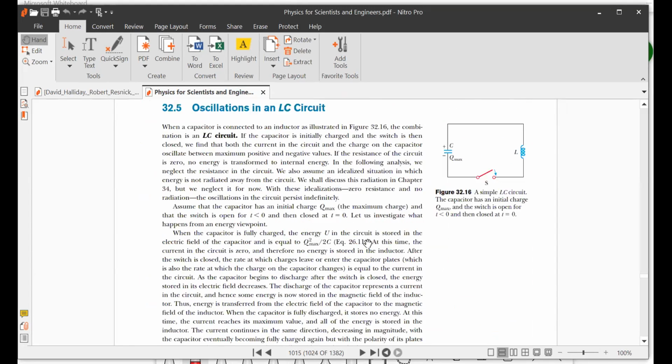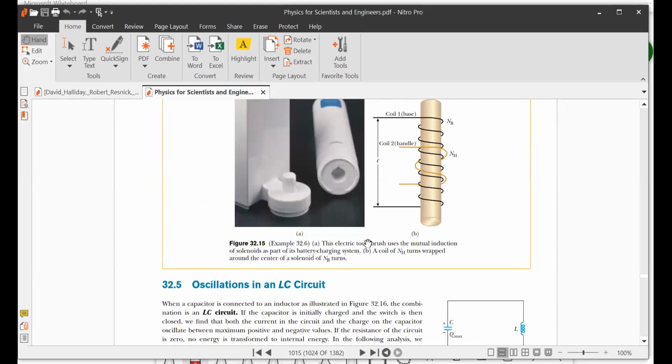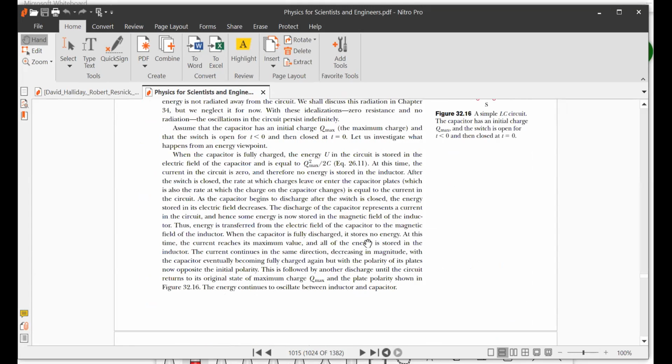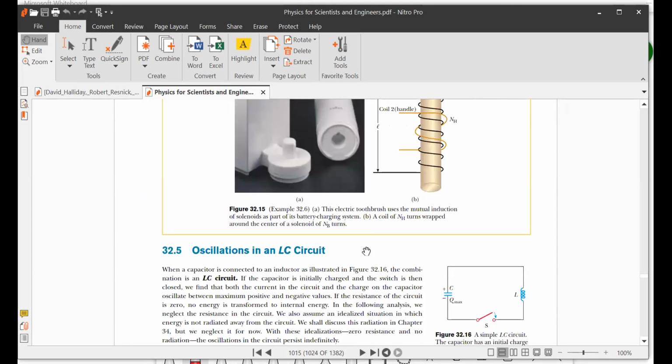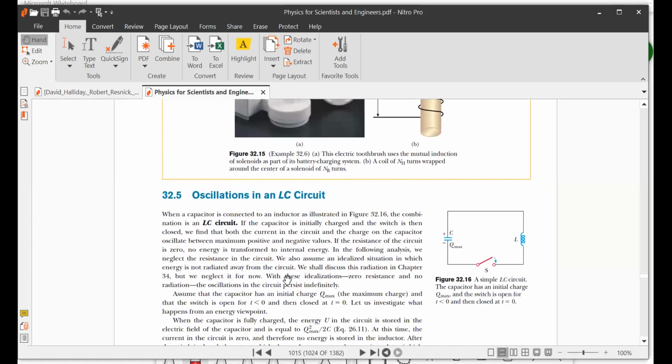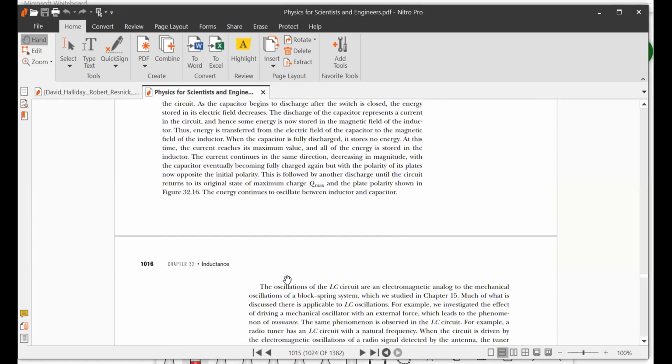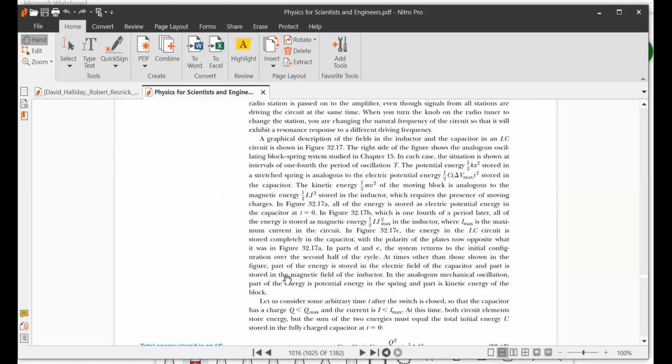Okay, I should skip this one. Okay, oscillation in LC circuit. Wait a moment. Oscillation. Okay, I think it's outside the content of SAP, yeah?